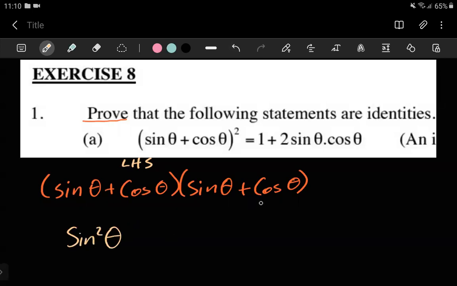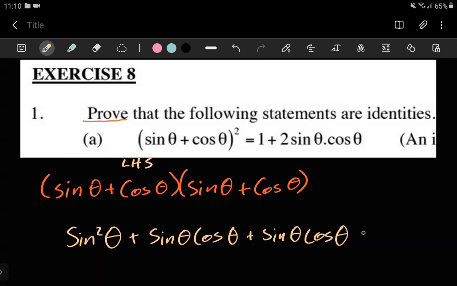Sine times cos is sine theta cos theta. Then cos times sine is also sine theta cos theta. And lastly, cos times cos gives us cos squared theta.